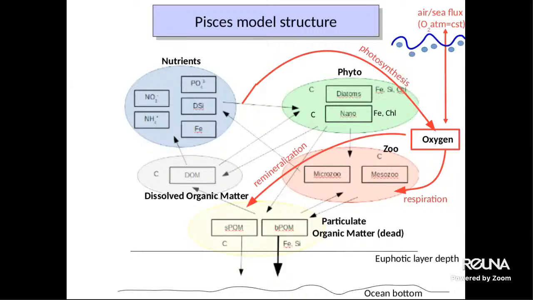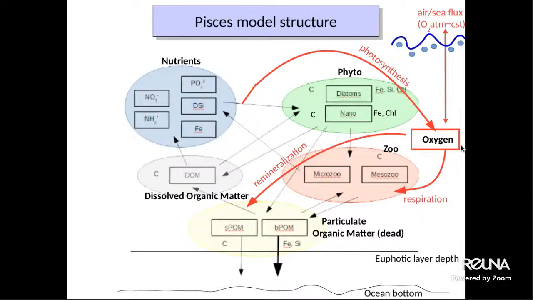But first, one thing that is missing, and that is not really coupled with this cycle, is the oxygen cycle. The oxygen cycle is really important, especially in the upwelling regions of Chile and Peru, because you have these oxygen minimum zones.